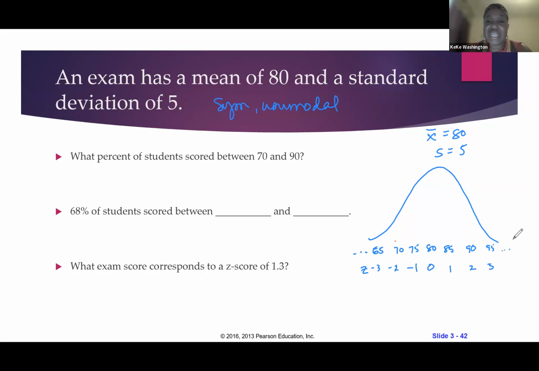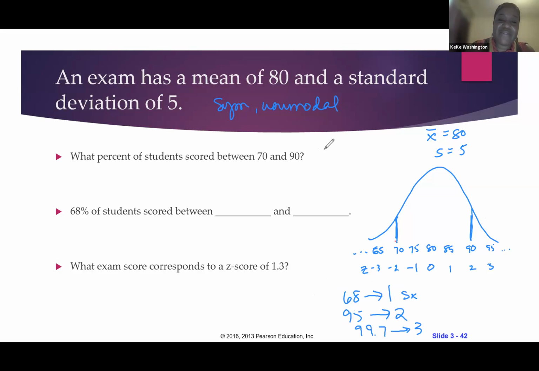So 70 and 90 represents 2 standard deviations away from the mean. And the empirical rule said 68% lies within 1 standard deviation of the mean, 95% lies within 2, and 99.7% are almost all within 3.